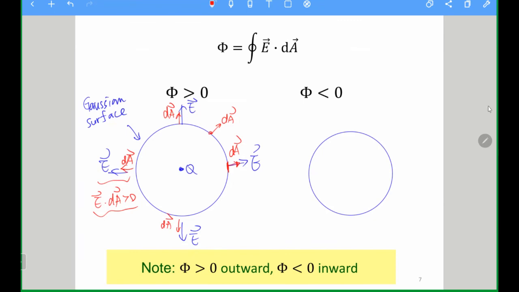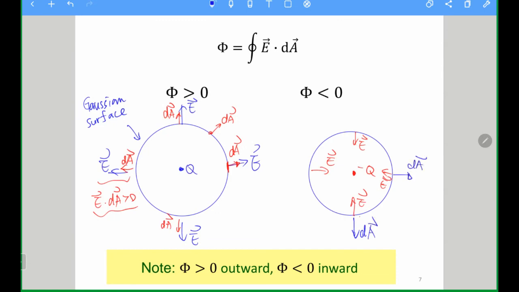Now, if we have a negative charge inside, then it will generate an E field pointing inside. And here, dA is still pointing outside.